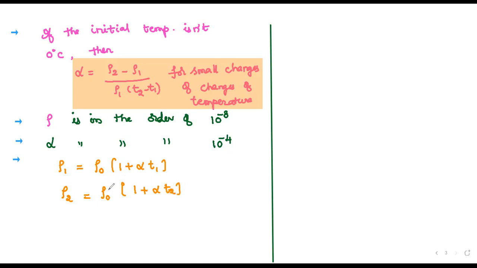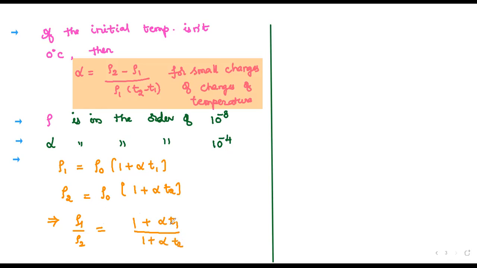Divide these two equations to eliminate rho naught. Why? Because rho naught is not given, rho 1 and rho 2 are given. So simple. That implies rho 1 divided by rho 2 is equal to 1 plus alpha t1 divided by 1 plus alpha t2.